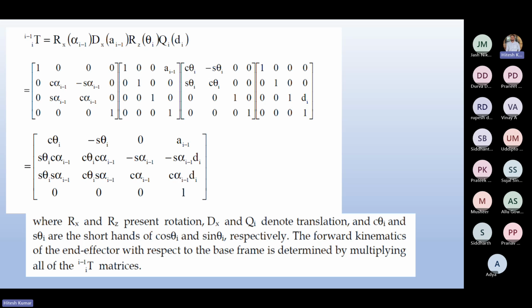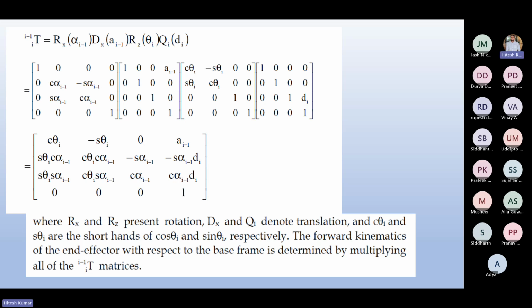Rx and Rz represent the rotation matrices, dx denotes the translation matrix, and S and C represent the sine and cosine of the angles. You don't have to remember all these things, but going ahead I'll tell you, just remember this formula, this matrix. This is the general matrix. Just keep it in mind that this is the transformation matrix.